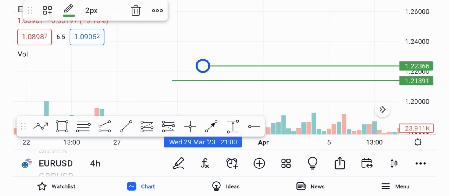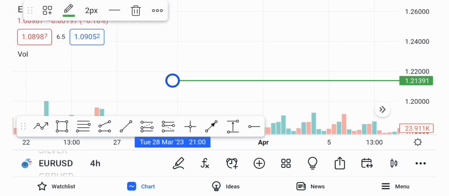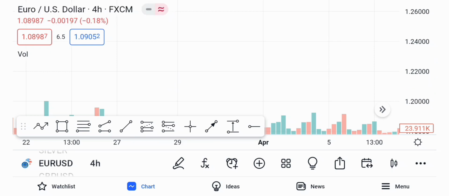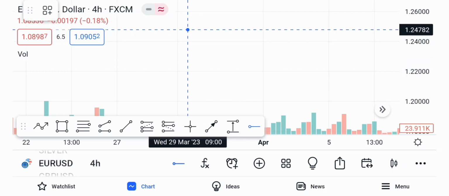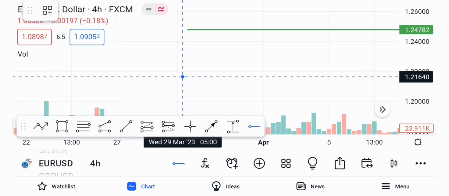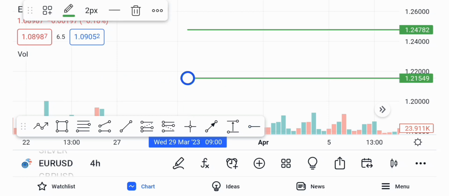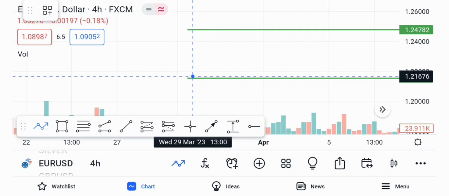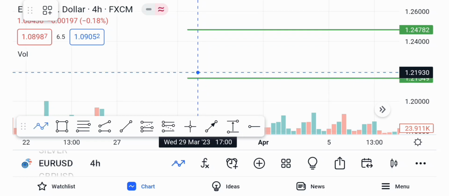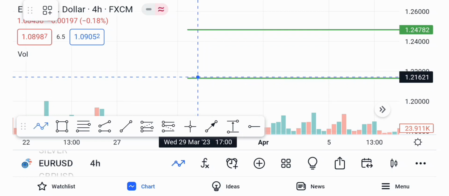So let me show you the problem with ranging markets. In a ranging market, there can be patterns inside the ranging market. Maybe some of you are still new to trading, so you don't know them well. Let me show you an example.